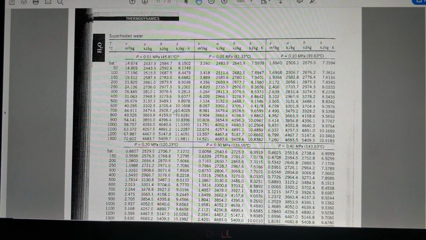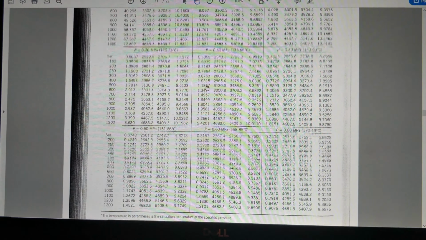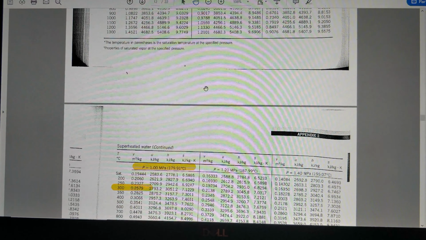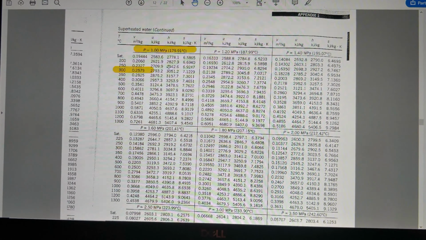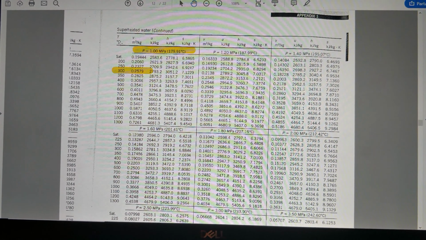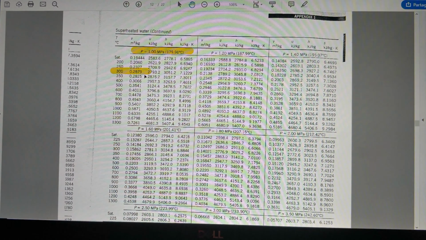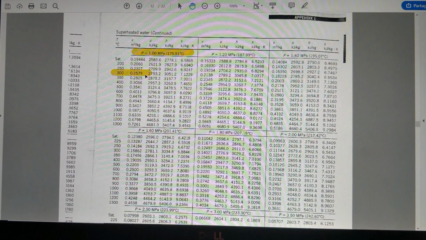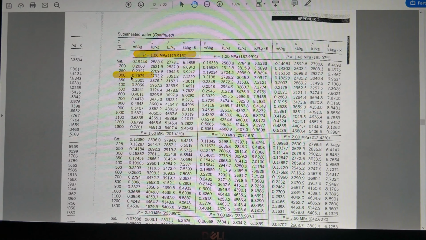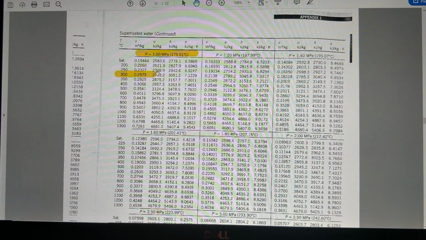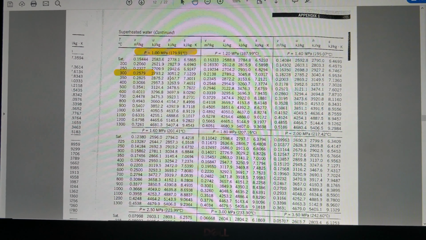And so scrolling down, we now see that we are in the superheated pressure table, and now we are looking for a value of pressure of 1 megapascal, which would be here, and looking at our temperature column at 300, we can see that our value that we are looking for, which is a specific volume of the substance, would be given at 0.2579 meters cubed per kilogram.